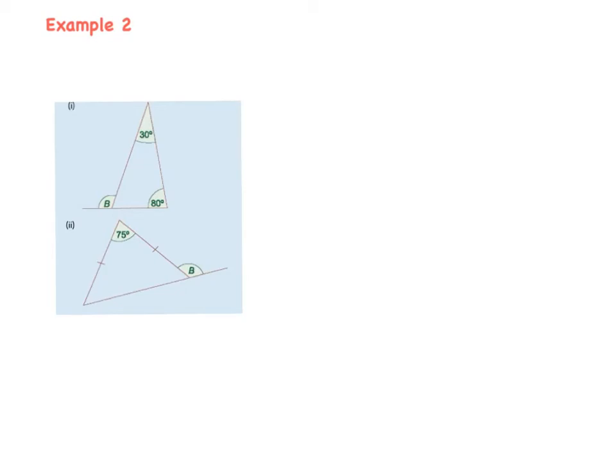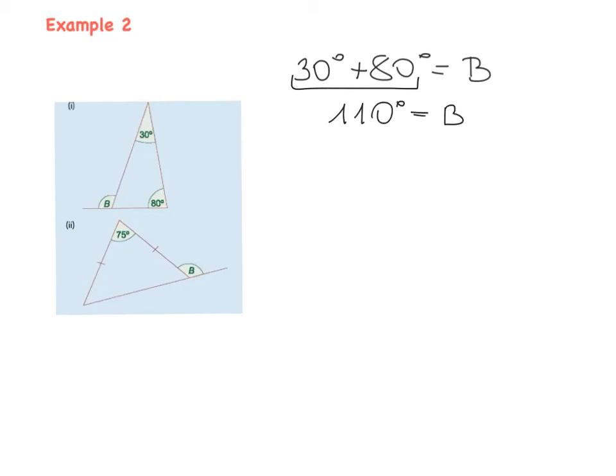As you can see, B is the exterior angle. So the first one, using theorem number 6, if we add two interior angles, we should get B. B is exactly the same as the sum of these two opposite interior angles. So if we add 30 and 80, we'll get 110 degrees, and B is 110 degrees, okay?